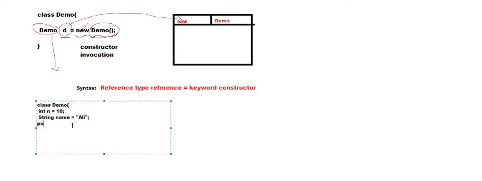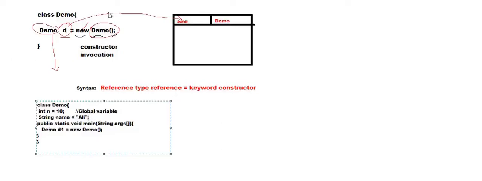Inside the main method, public static void main string argument array, we create an object: d1 equals new demo. So this is the class where I have declared and initialized some global variables. These are the global variables, and this is the object which we have created.